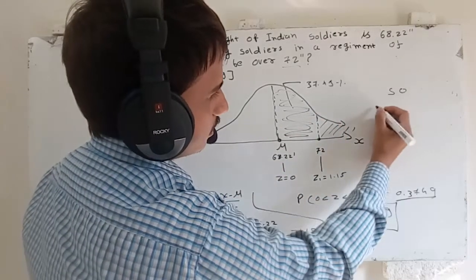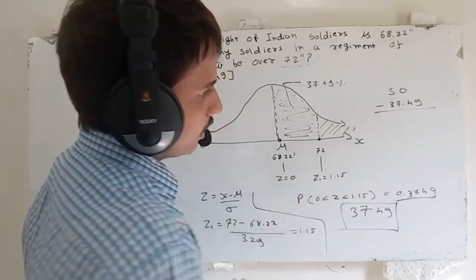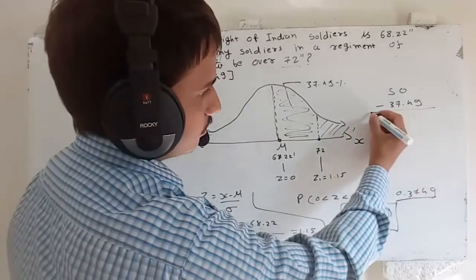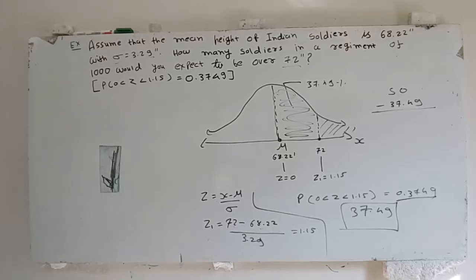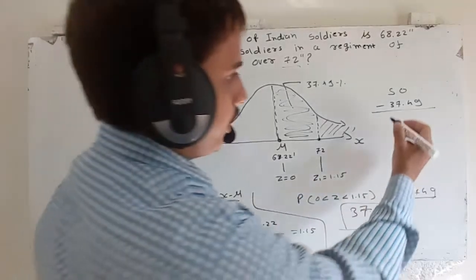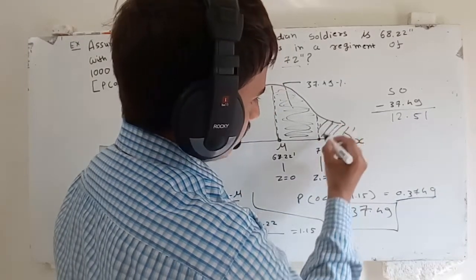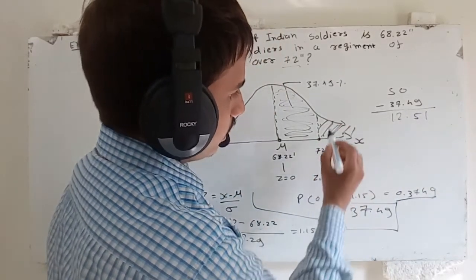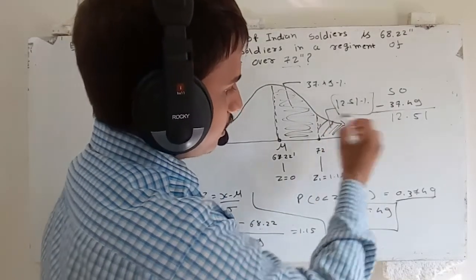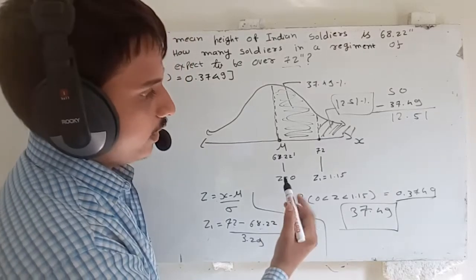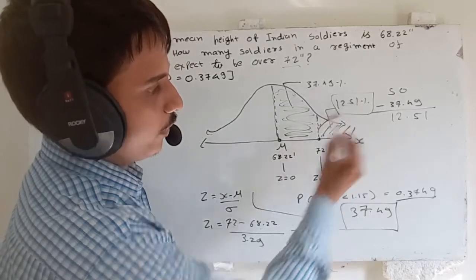So 50 minus 37.49 is equal to, let me use calculator for that, it is 12.51. So this area that is greater than 72 is 12.51%. So what this means is probability that soldiers having height greater than 72 inch is 12.51%.